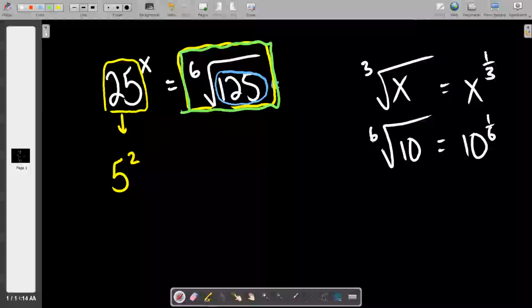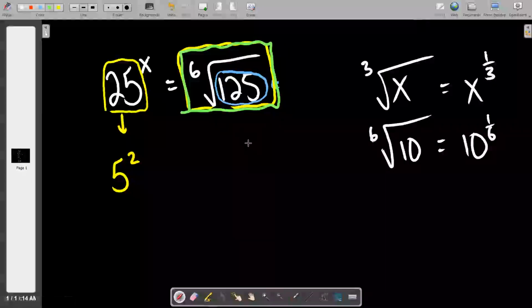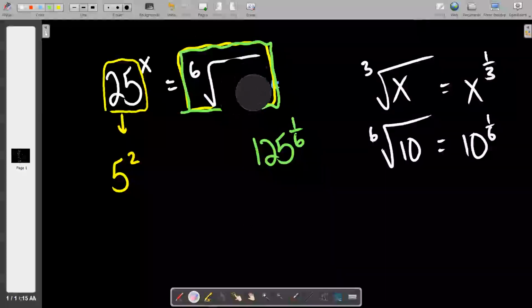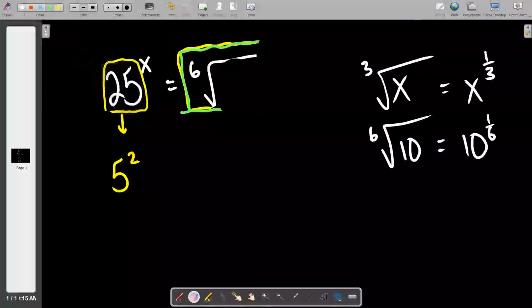And let's agree, don't agree with me just to be polite, that that's the same as 125 to the 1/6, right? Okay, so you're good with that. So would you be good if, instead of that, I replaced the 125 inside and called it 5 to the third? Are you okay with that? Promise?